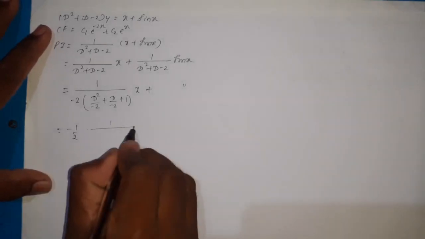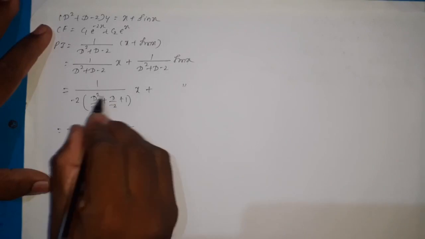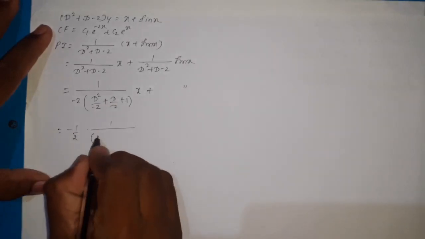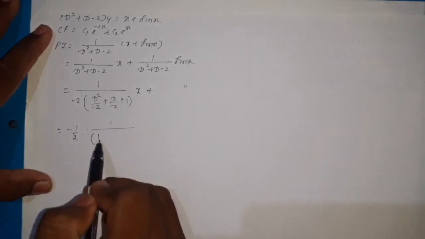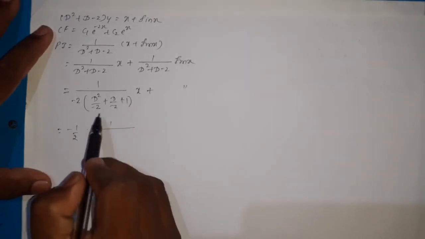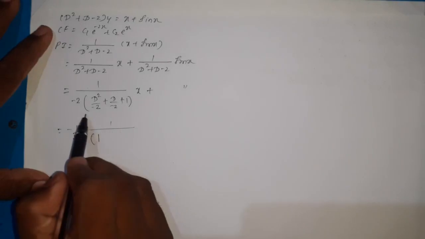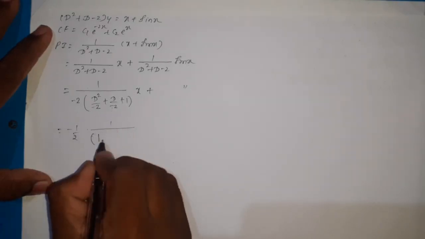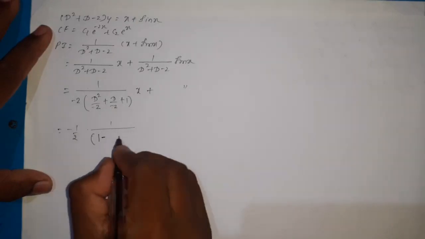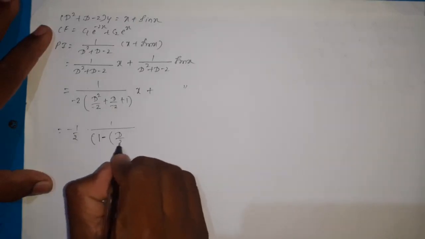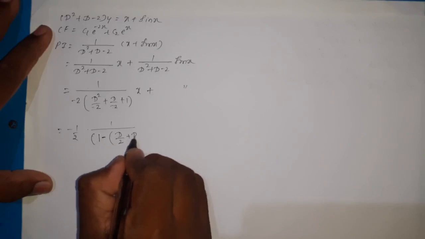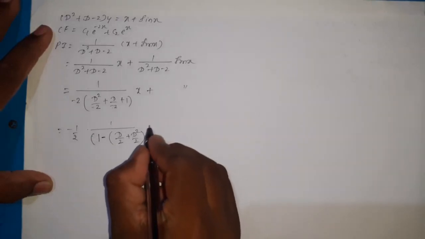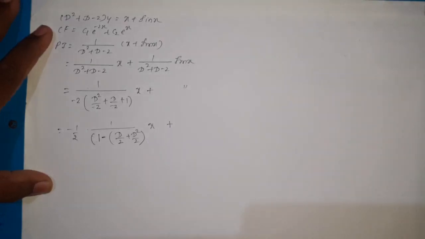then 1 divided by. So here write this in systematic manner, so that will become 1, first term should be 1 and write the remaining terms next. So here minus is common in both the terms, so therefore you can take that minus outside. Then remaining d by 2 plus d square by 2 in the ascending order into x plus.